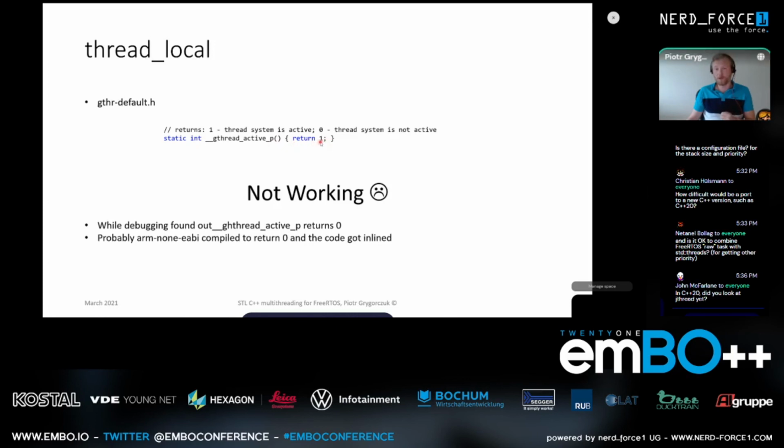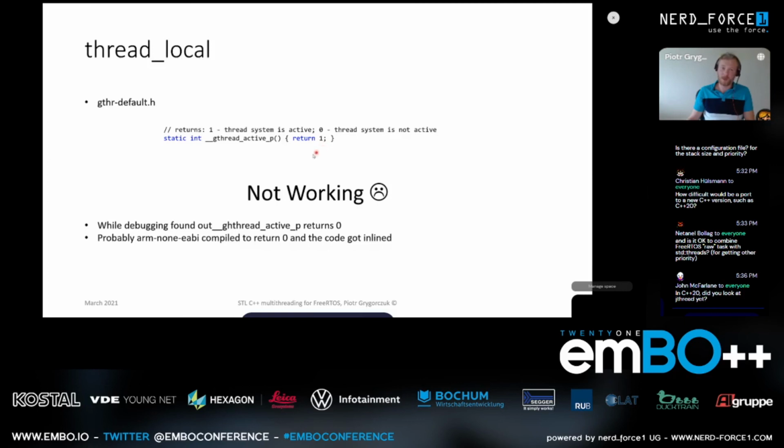The original function returns 0 because it's single threaded. ARM non-EABI is single threaded, and I'm just adding the multi-threading support to the compiler, which is not compiled for multi-threaded. And I believe that this 0, which is in original code, is basically inlined whenever the flag is tested.